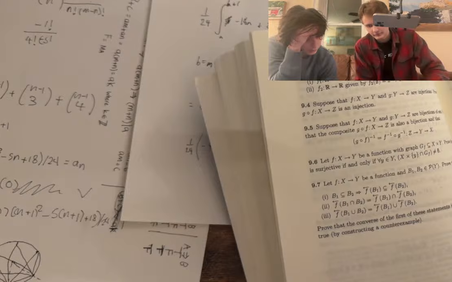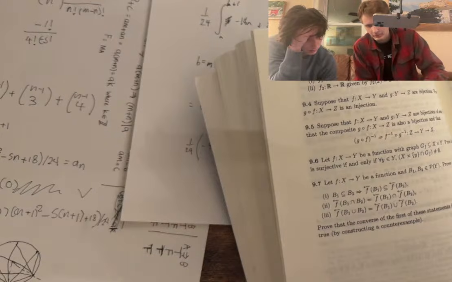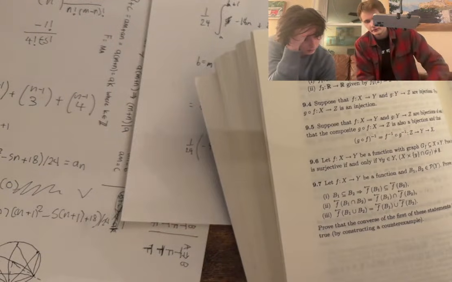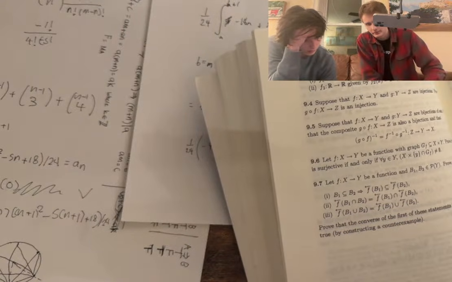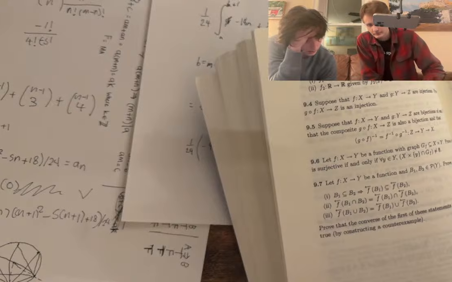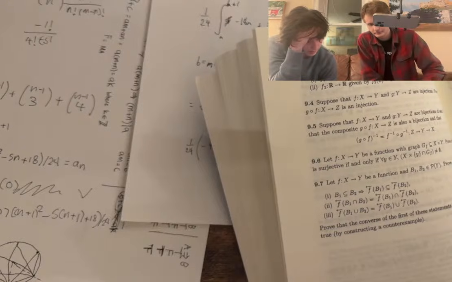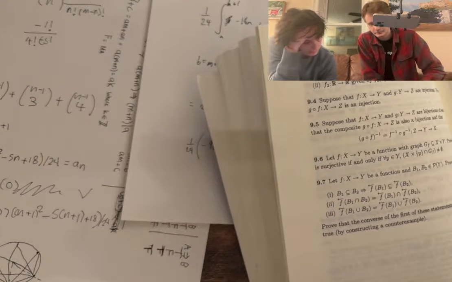Which way is that proving? Given that f is surjective, then that will be true for all y. And then to do it the other way, if you're given that, you have to prove that it's surjective.